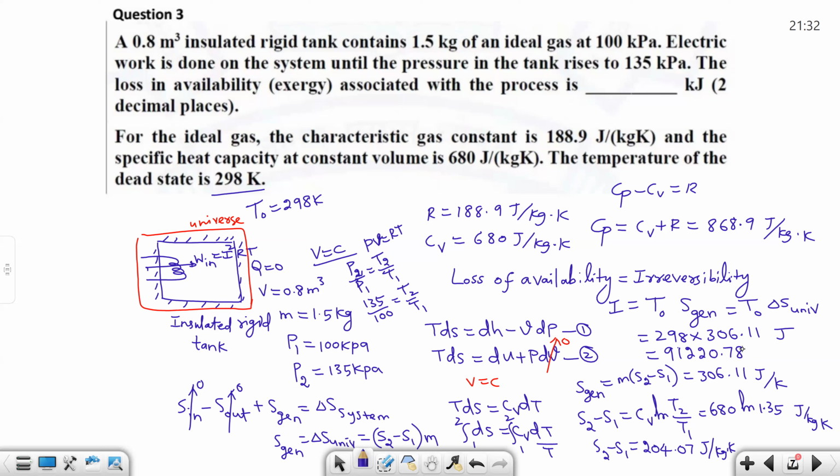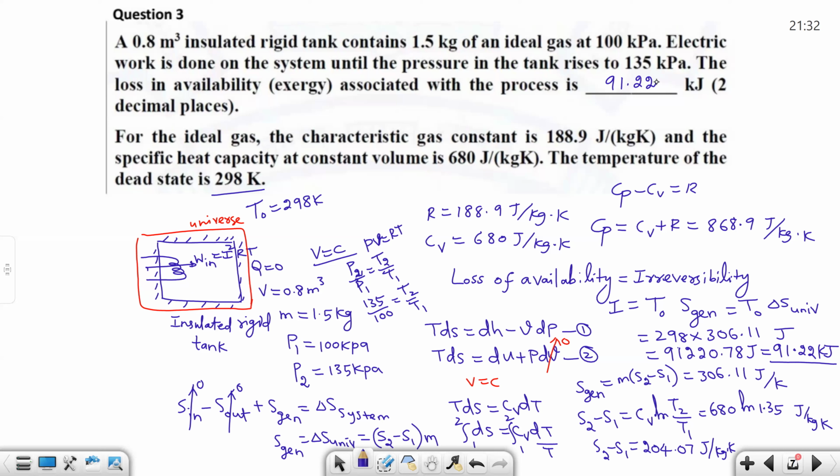220.78 joule. We wanted it in kilojoule. So 91.22 kilojoule will be your answer. 91.22 kilojoule is your loss of availability.